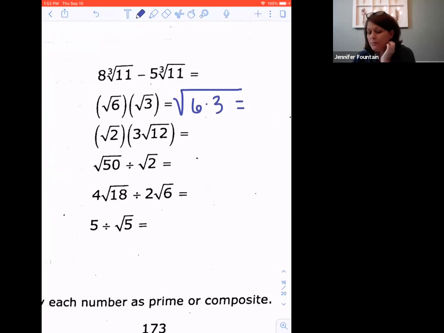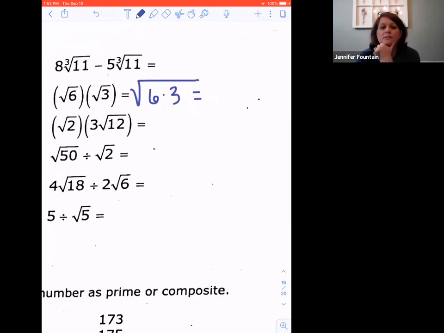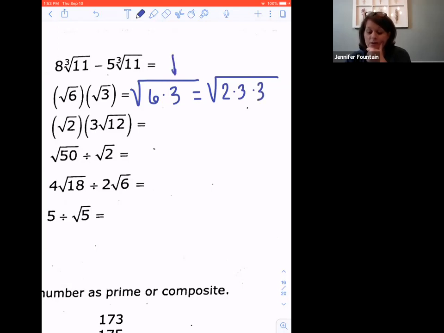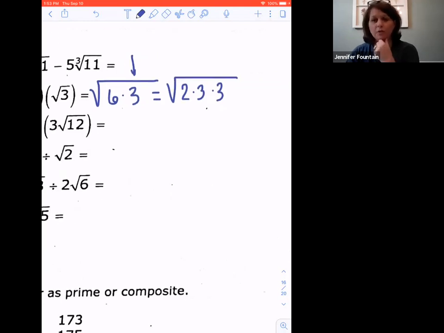But what I want to do is go ahead and break the 6. Since it's not prime, I want to put it in prime factorization. So what are the prime factors of 6? 2 times and what? 3. Good. 2 times 3. I already had a 3 right there to begin with, right? So we have 2 times 3, which was 6, and then we also have the 3.